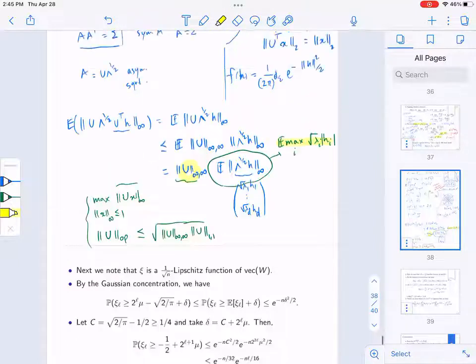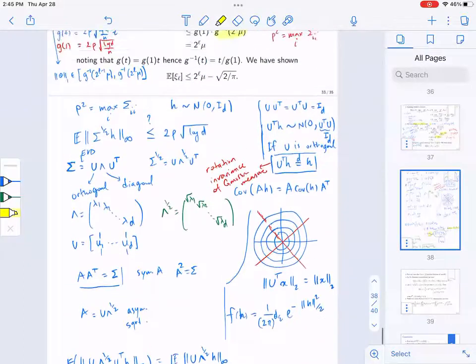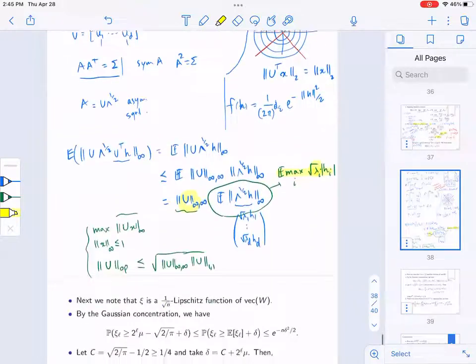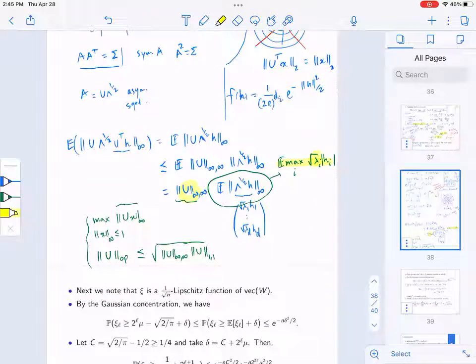You can get a hint because I'm having the eigenvalues here, but this row is related to the diagonal entries, not the eigenvalues. So you have to do something else, but the idea is similar. If this was bounded, I would end up with this. The key is how to control something like this.